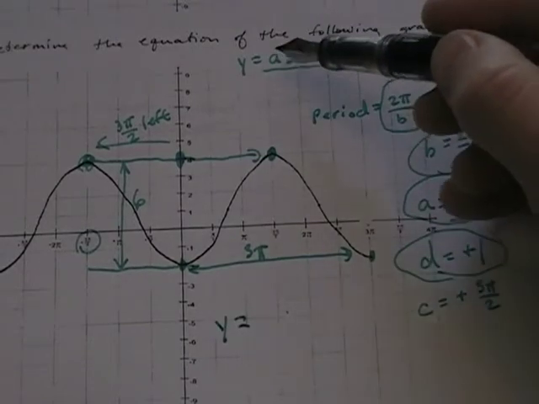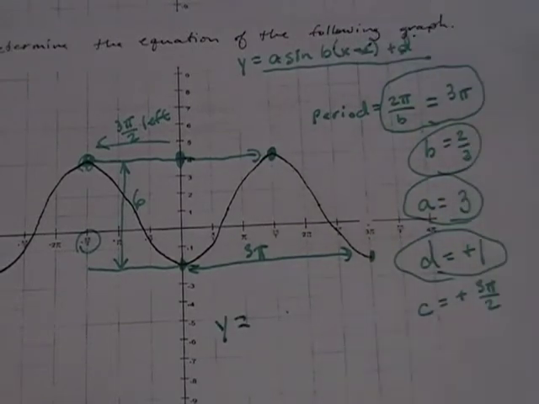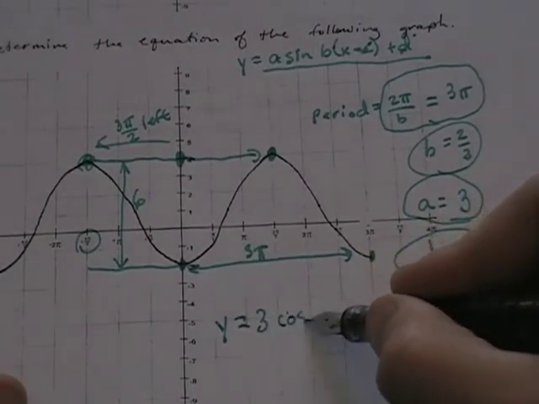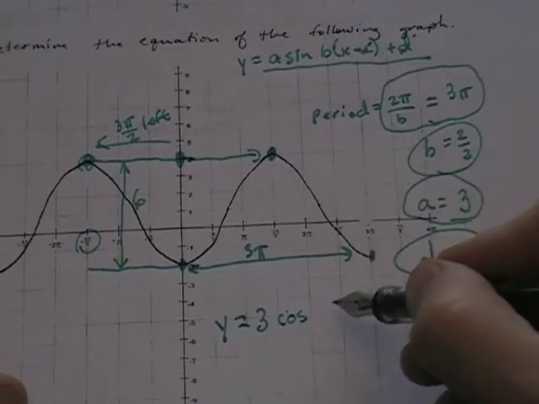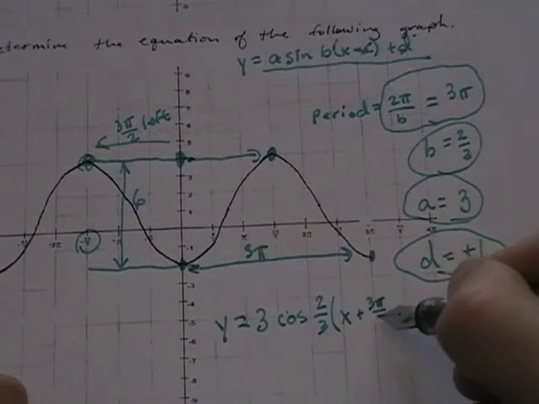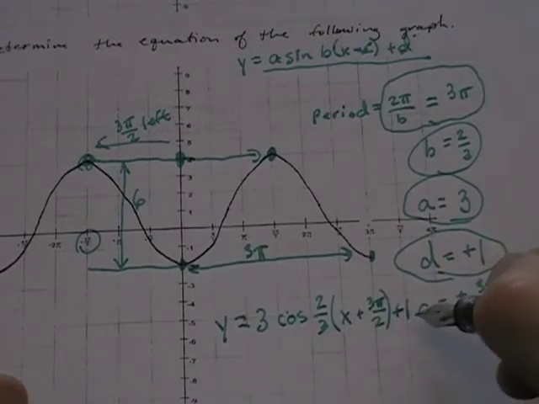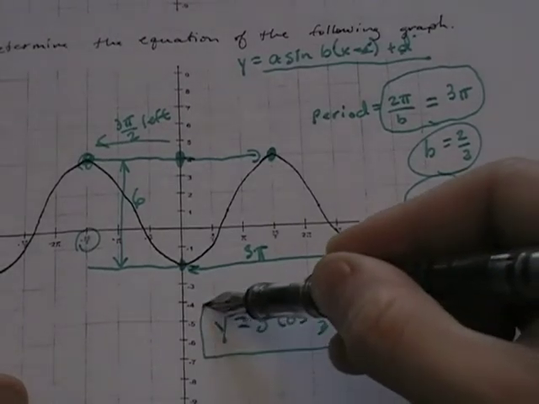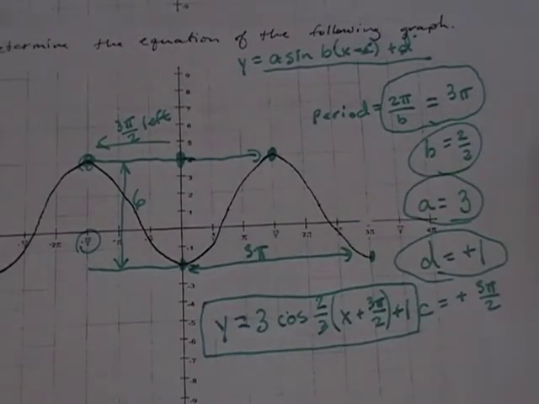If you take this format, A, B, C, D, and plug in these numbers, you've got your answer. So 3 cosine of (2/3 x plus 3 pi over 2) plus 1. That is the equation of this graph.